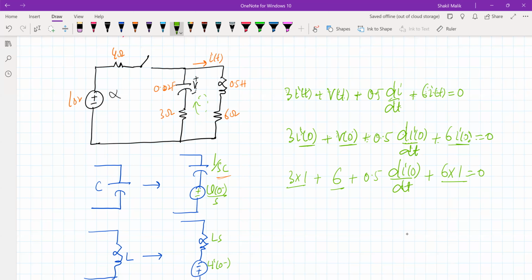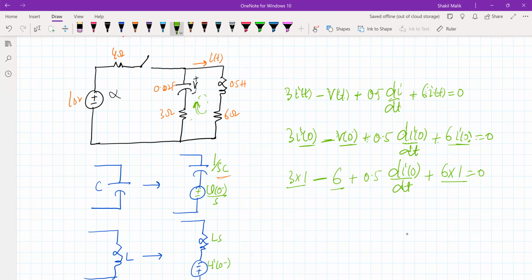Have I done it correct? I think this is wrong here. This is minus v, okay? Because when we write the KVL, current is entering this way. So this terminal is plus, this terminal is minus, okay? That's why this is minus.